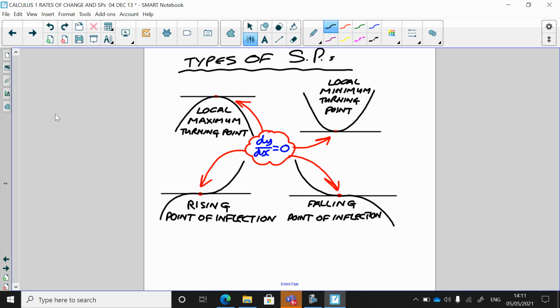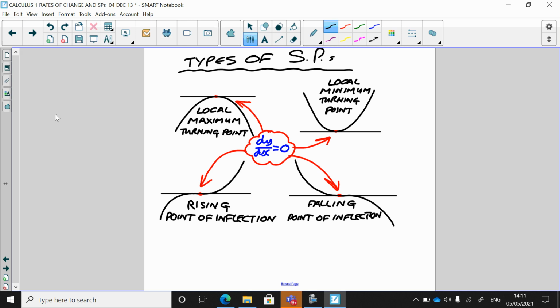For our stationary points, the derivative is always equal to 0. That's our condition. So we're going to take a function, get its derivative, make it equal to 0, then we'll be able to see what type of turning point or point of inflection the bottom two are.